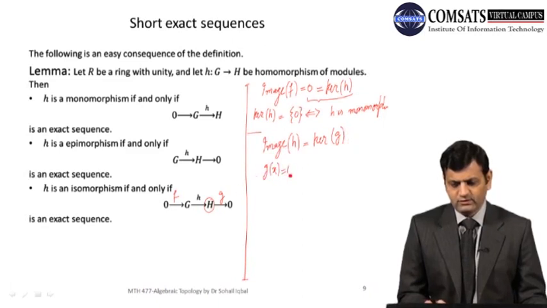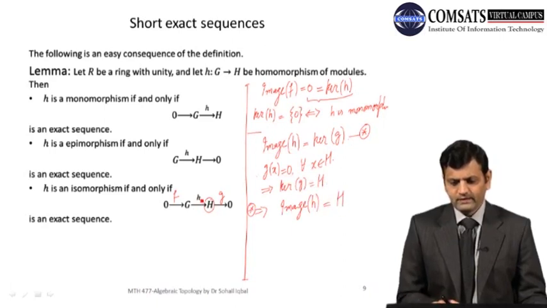G of x is 0 for all x belongs to H, which means that kernel of G is equal to the whole module H. So from star, the image of h is equal to H. In other words, this R module homomorphism h is basically an onto map, because the image of h is equal to the complete H. So this implies h is an epimorphism.